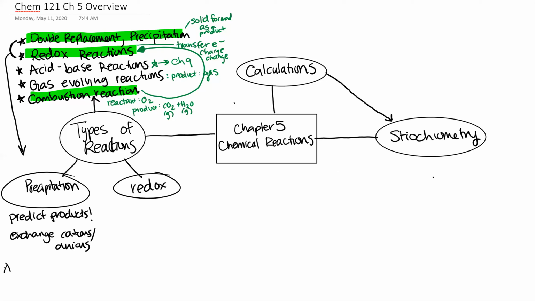So if I have AB plus, let's say, CD, the way I would predict my products is I would combine the cation from one of my molecules with the anion of the other, and then I would take the anion of the first one and combine it with the cation of the second. So that way I would then evaluate the products AD and BC. And then I'm going to run to my solubility chart to see if one of these is a product. And if it is, then I have a precipitation reaction.